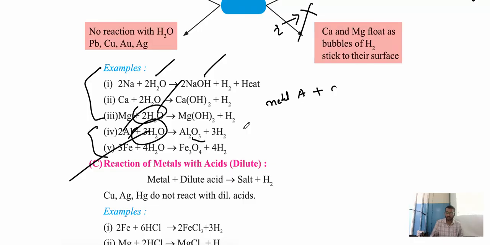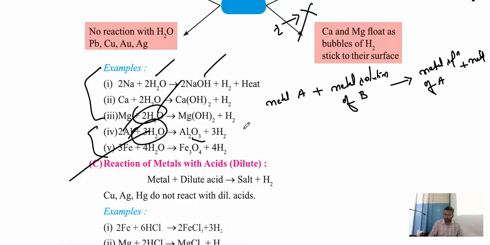When metal A reacts with a metal solution of B, it gives metal solution of A plus metal B.